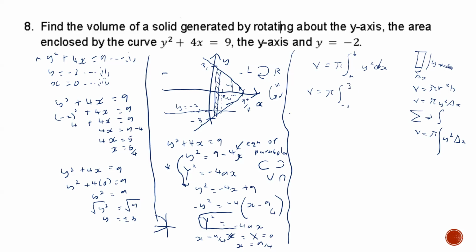Then this y comes back to the equation of the curve, y squared plus 4x is equal to 9. But because the change is in x, because this is a dx, not a dy, I want to make x the subject.